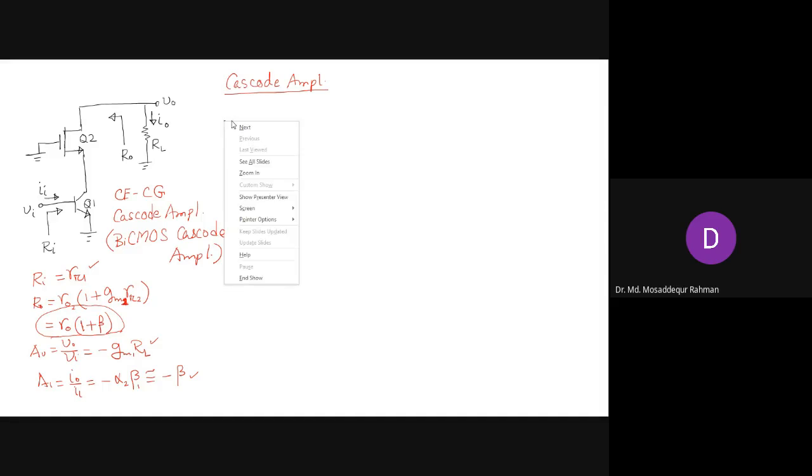So now, what difference would it make then? We start with the input resistance. We see that the input resistance remains the same. There will be no difference, R pi 1. The output resistance.